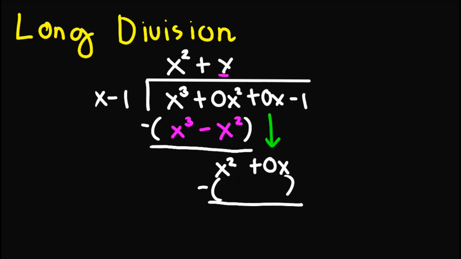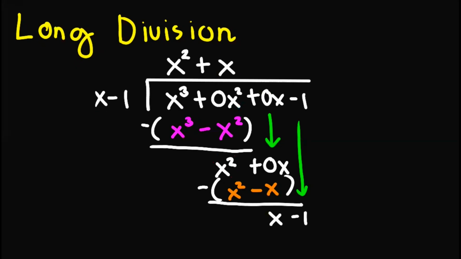So we'll have x times x, that will give us x squared, and x times negative 1 will give us negative x. So subtracting this, x squared will cancel out. So that will be 0, then 0x minus negative x will give us x. Bring down the last term. We have negative 1.